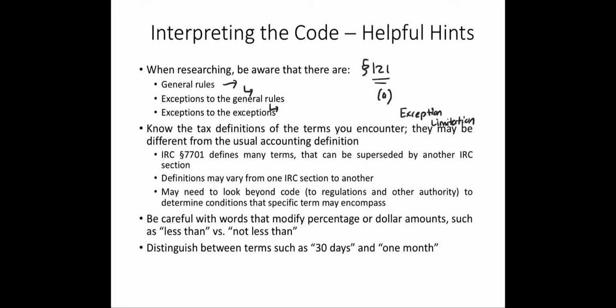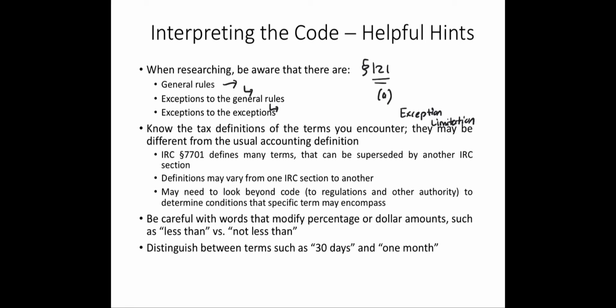Now, it depends on the year, and other things as well. That was the general rule. There were exceptions to that. One of the exceptions was child support. Child support was not included in gross income. So that was an exception to the general rule that alimony is included in gross income.